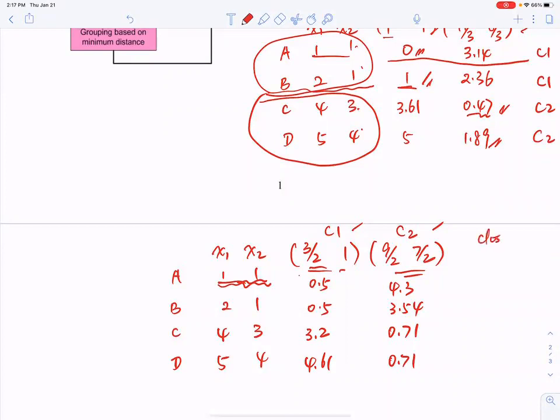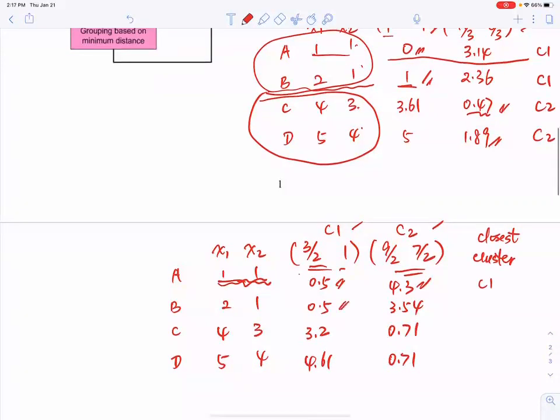Now the closest cluster. This is C1, since it's smaller than this one. This is smaller, and this is smaller. So this is C1, C1, C2, C2.